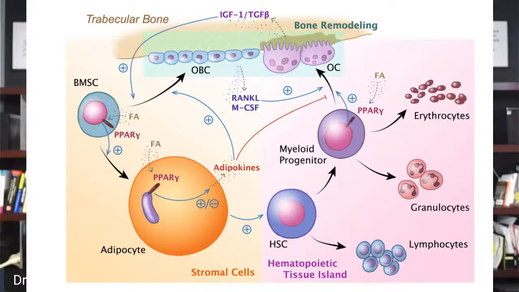So when we take a look at this, we can see that there's something that's called a trabecular bone. We can see adipocytes, which are fat cells. We can see other hematopoietic type elements, which are going to be things like various components of the bloodstream. So red blood cells, white blood cells, things like that. And then we can see that there's this various mixture of transmitters.